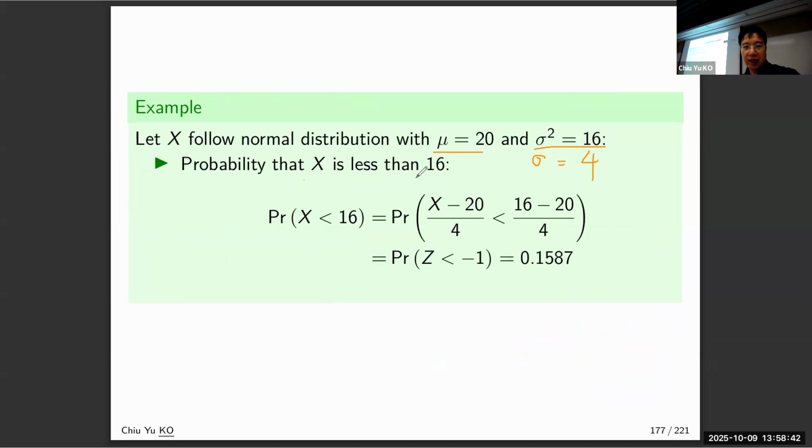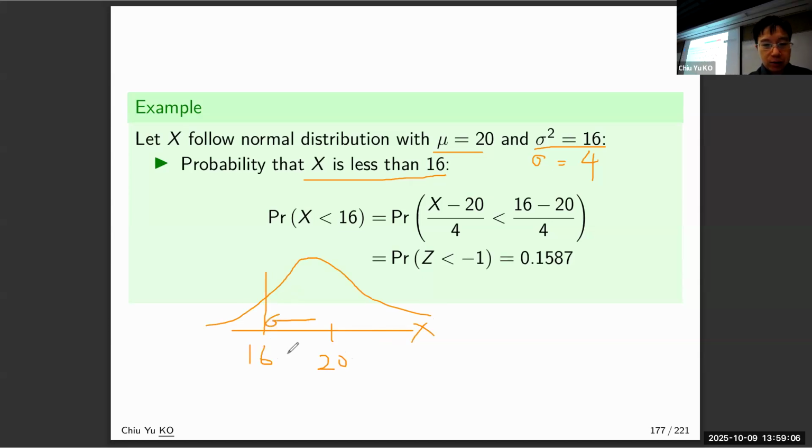So this question is asking x is less than 16, essentially saying z is less than -1, because here mu is 20, x is 16, and the bell is like this. So this is 1 sigma, and sigma is 4.